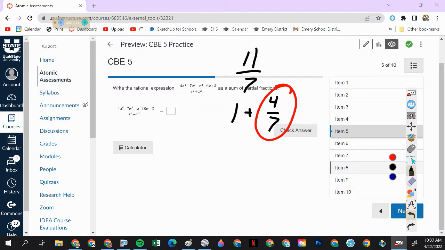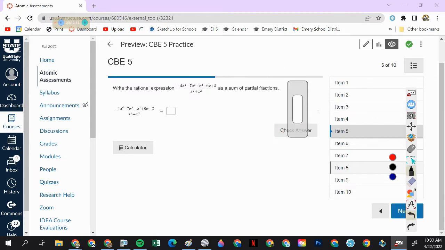So if the fraction is top heavy, then we need to convert it to a mixed number, and then we will just do partial fraction decomposition on the mixed number. How do you turn a rational expression from a top heavy fraction to a mixed number? Well, how do you turn 11 over 7 into a mixed number?